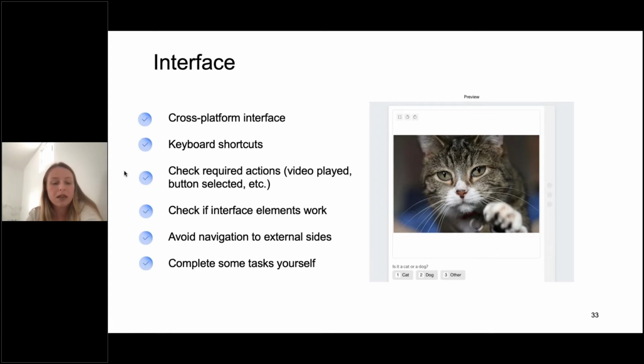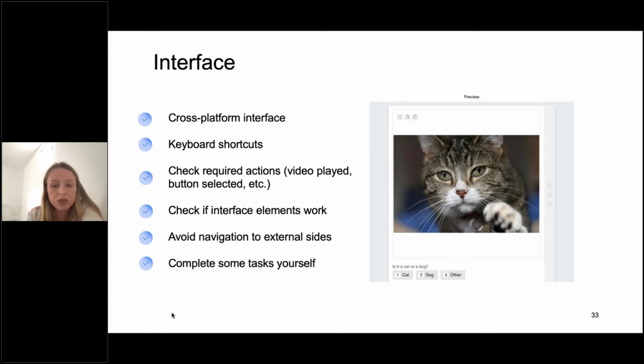So if somehow your data labeling requires that something was played, you should check if this video was played. If you need someone to select buttons, you should check this as well if some of them were selected. I think maybe it's not needed to say, but you always should check that all elements of your interface work.